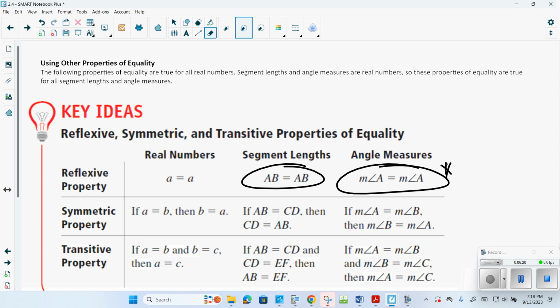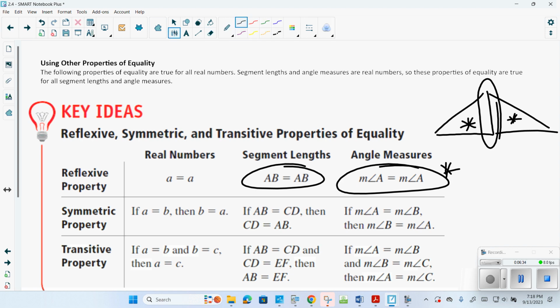Anytime we say something is equal to itself, we're probably doing something about sharing, meaning this triangle and this triangle share this side. And so if you're saying that AB is equal to AB, it means AB in one triangle is equal to AB in the other triangle. So that's when the reflexive property is used the most, is when two things are sharing something.